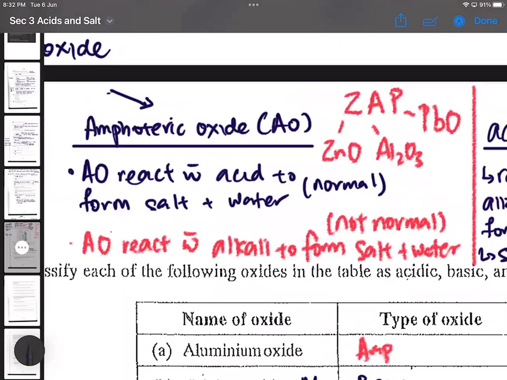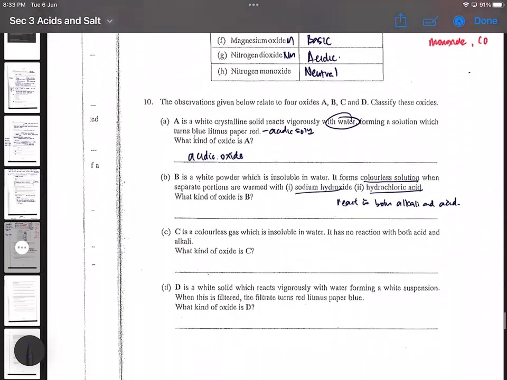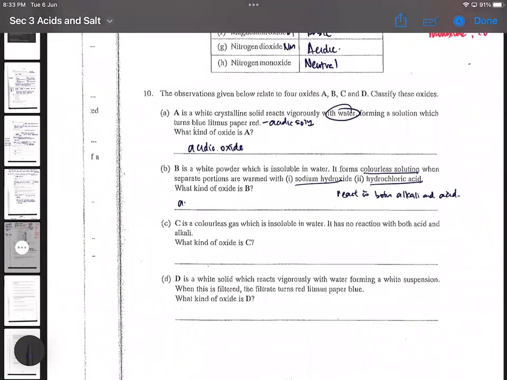It is normal for metal oxides to react with acid, but it is not normal for them to react with alkali. That's why we have this special category of metal oxides that react with both. So for part B, because it has the ability to react with both acid and alkali, this falls under the category of amphoteric oxide.